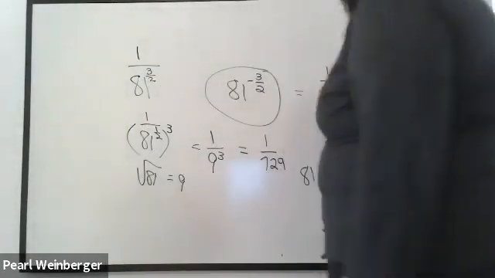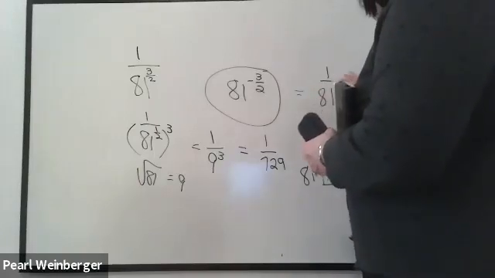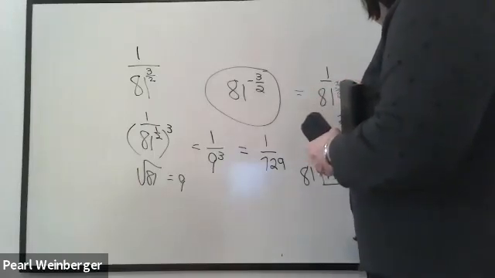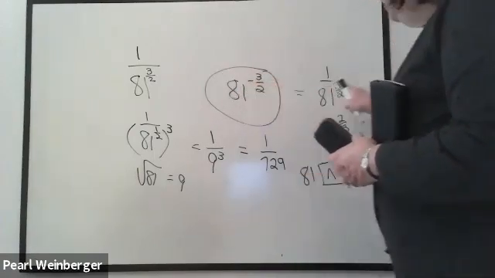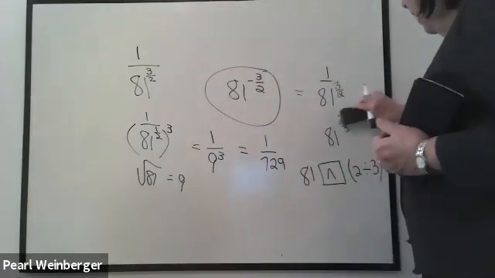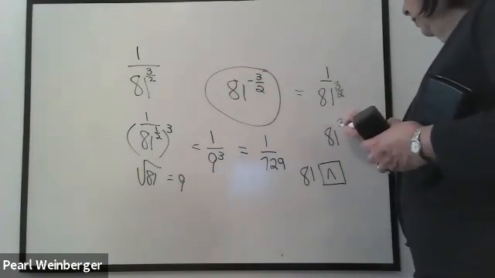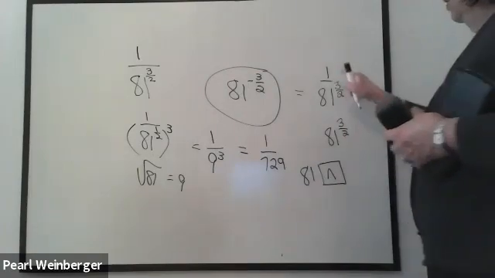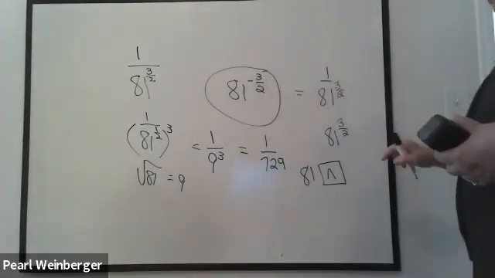The exponent is 3 over 2. I don't know why I'm saying it's 2 over 3. It's 3 over 2. The minus only takes the reciprocal of the number. It doesn't take the reciprocal of the exponent. We want to do 1 over 81 to the +3/2.